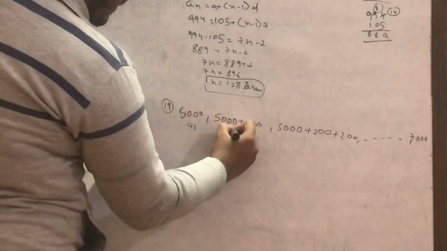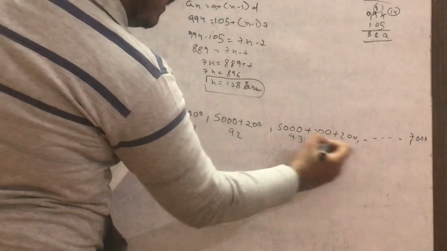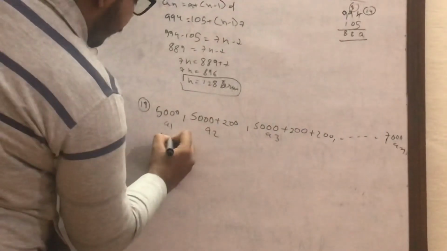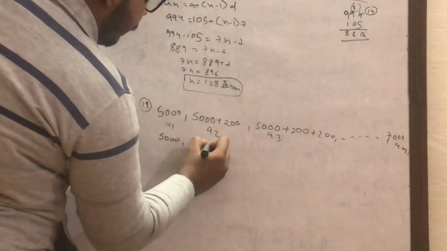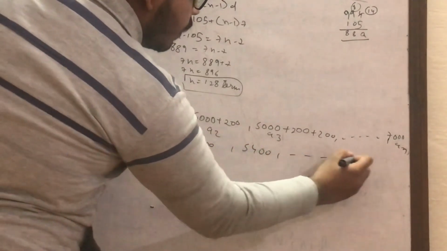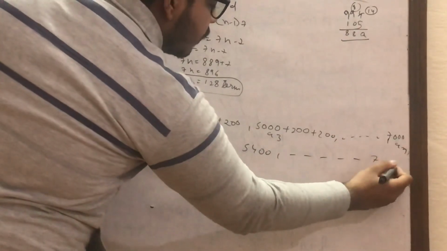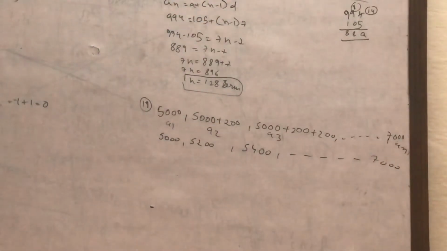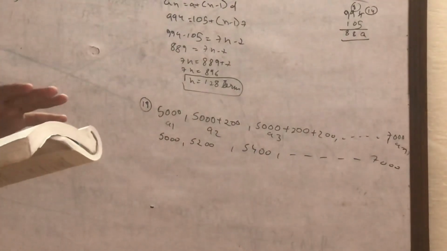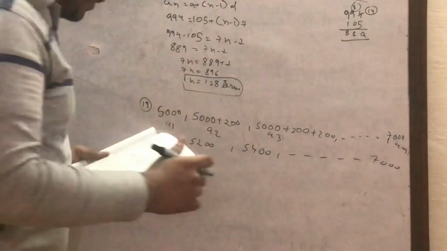A1, A2, A3, and An is 7,000: 5,000, 5,200, 5,400, up to 7,000. In this, we have to find n, in which year his salary goes to rupees 7,000.